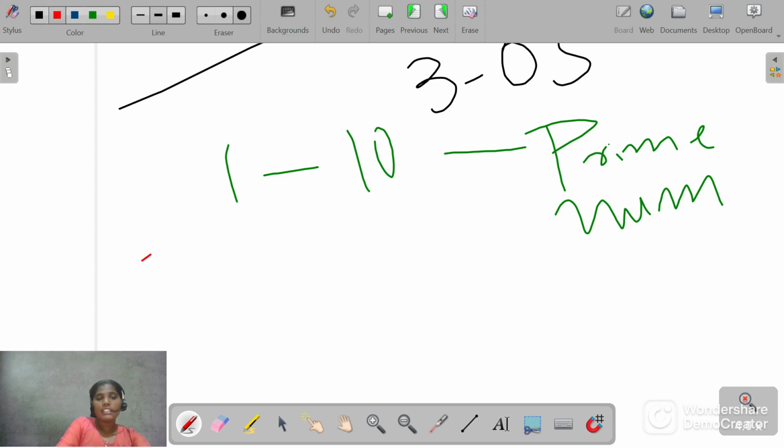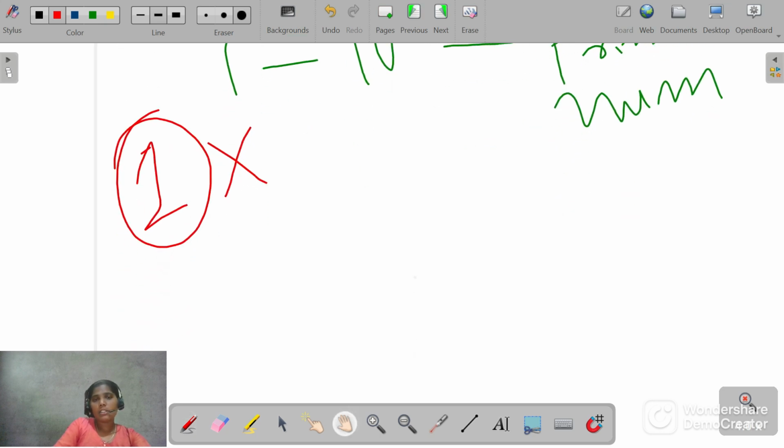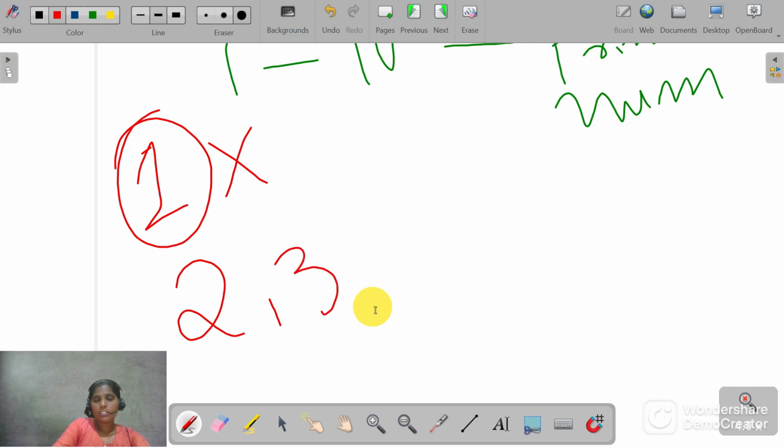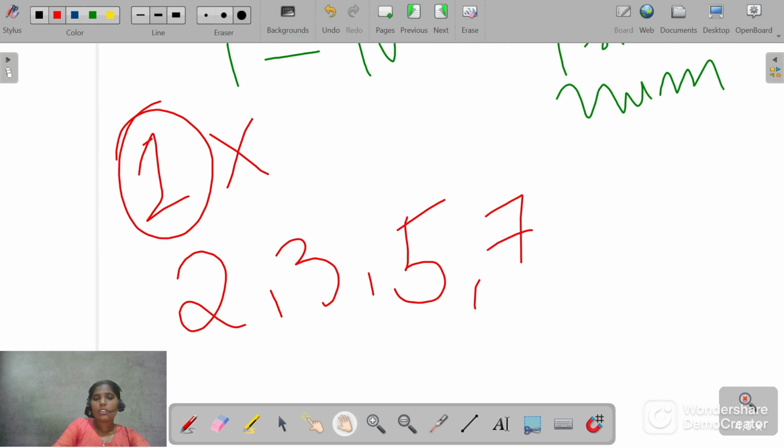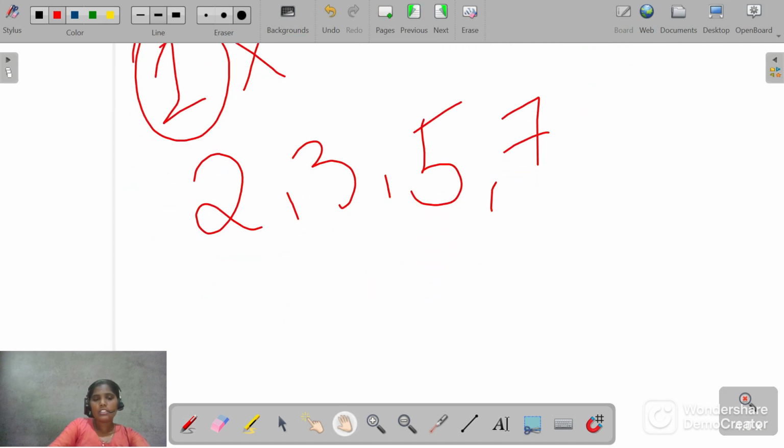So we can't consider 1. 1 is neglected, because it's neither prime nor composite. So we'll go with 2, 3, 5, 7.